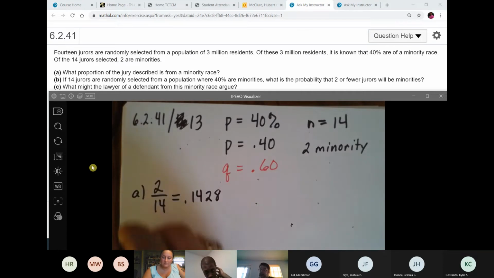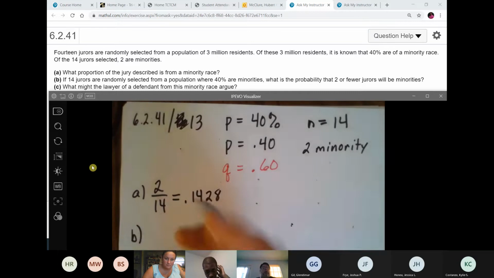Okay, now B. If 14 jurors are randomly selected where 40% are minorities, what is the probability that 2 or fewer jurors will be minorities? 2 or fewer.